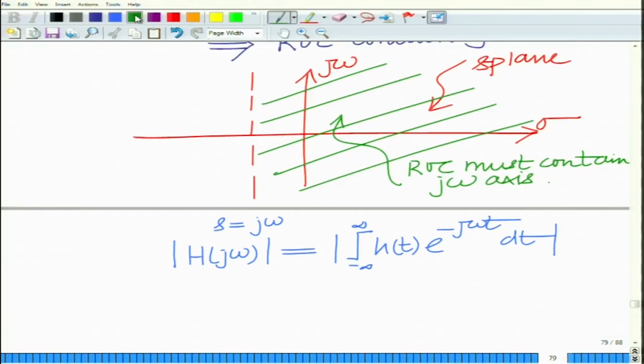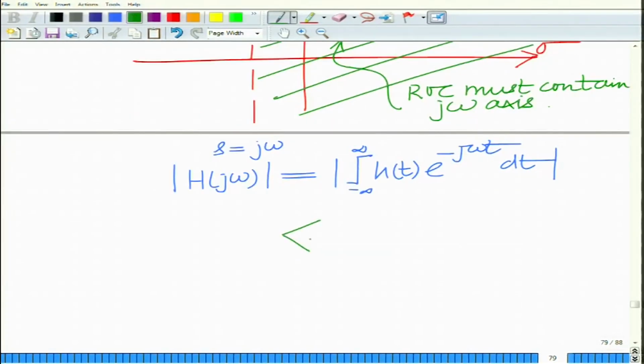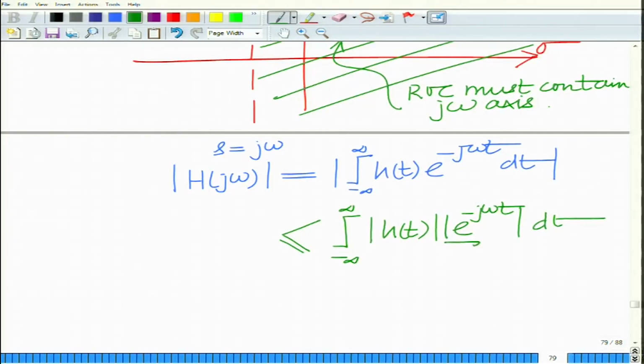The magnitude of the integral is less than or equal to the integral of the magnitude, and since the magnitude of e raised to minus j omega t is 1, this is equal to the integral from minus infinity to infinity of the magnitude of h(t) dt.